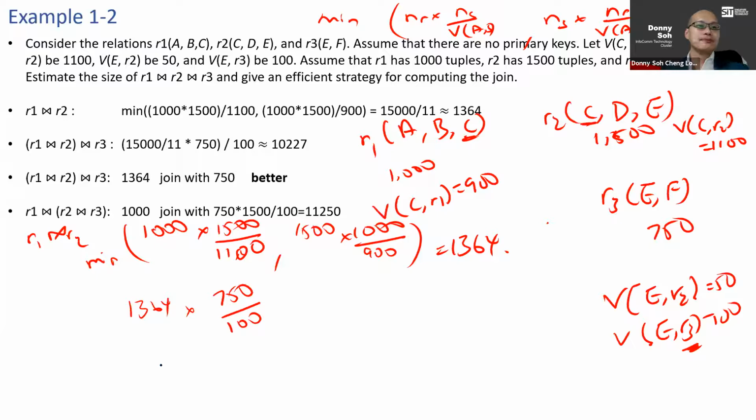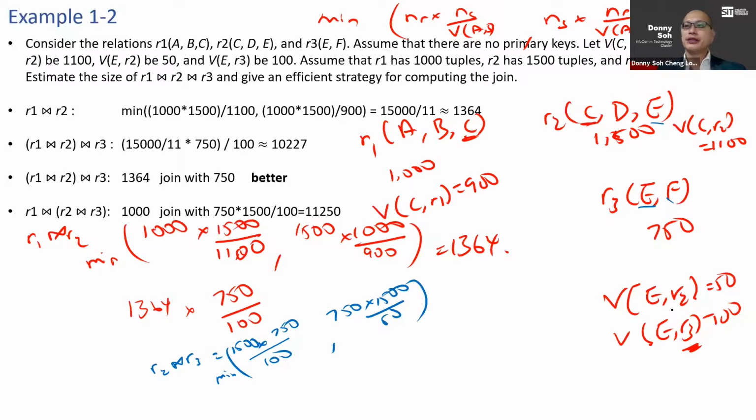So R2 join with R3 will be 1500, and we are joining now based on E, multiplied by 750 divided by 100, minimum versus 750 times 1500 divided by 50.